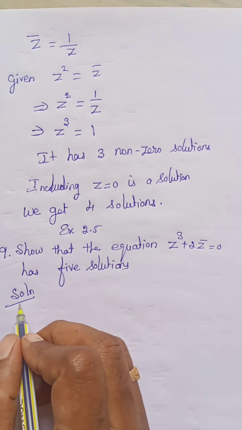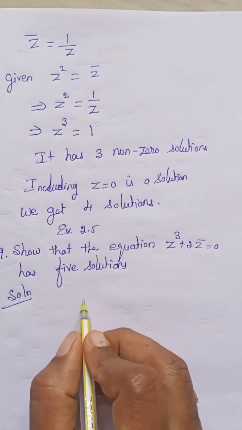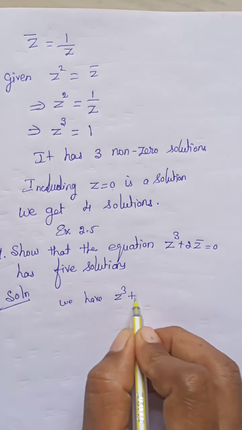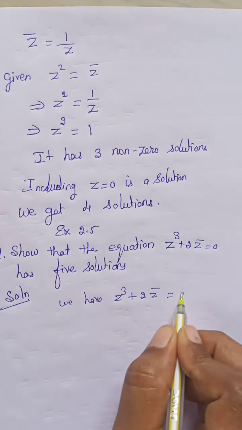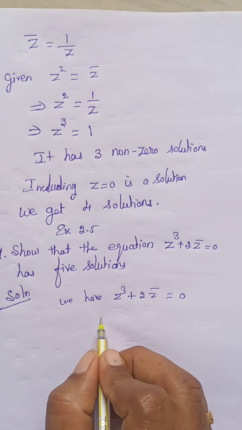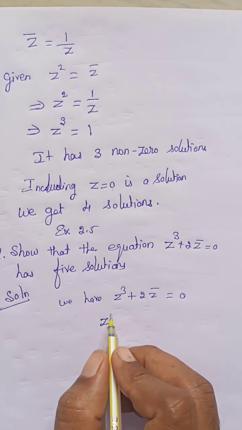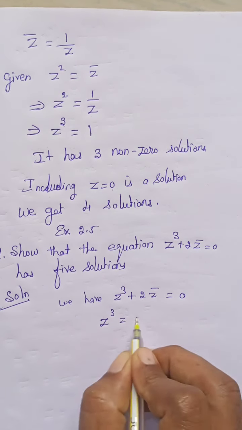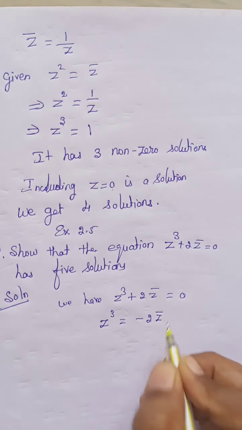Okay. Same way we can do it. See, we have z cube plus 2z bar is equal to 0. Isn't it? So first I am taking z cube is equal to minus 2 into z bar.